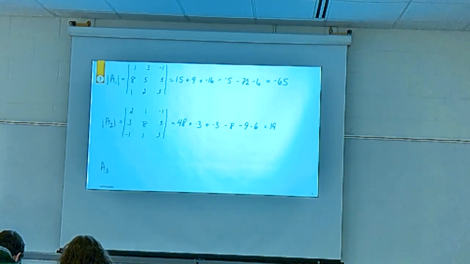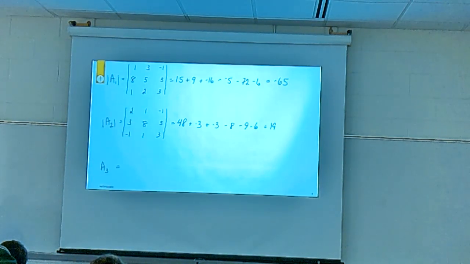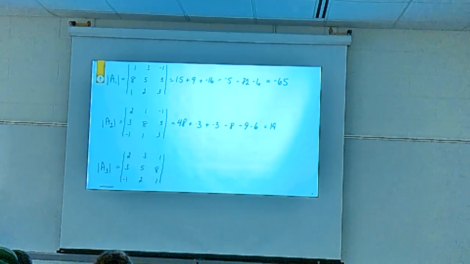And finally, A3. Replace column 3 in A with B. God, I love the copy and paste.